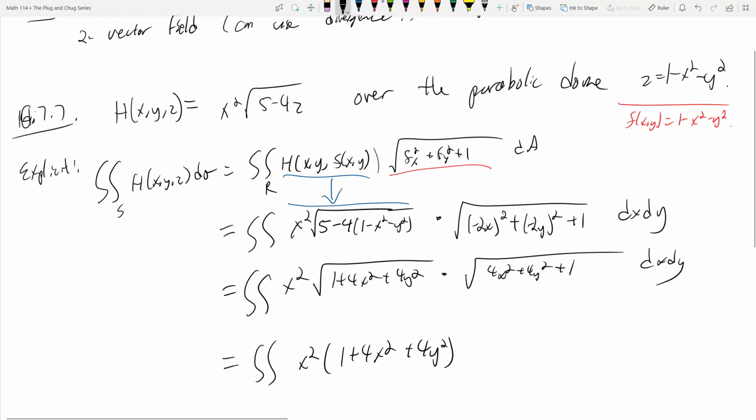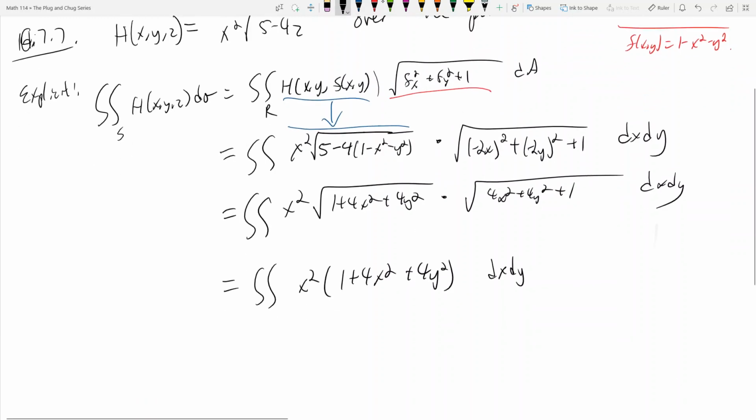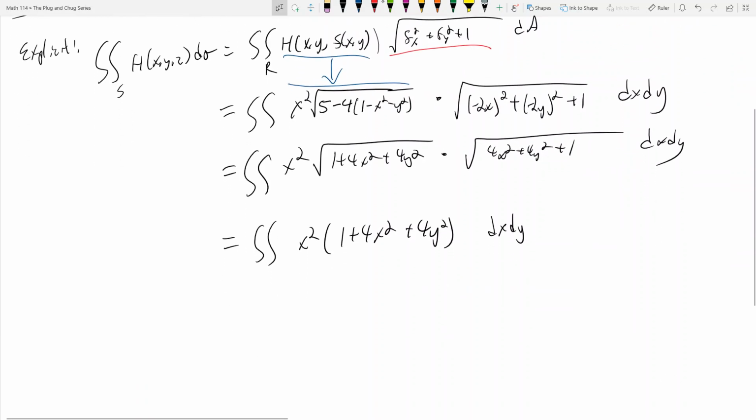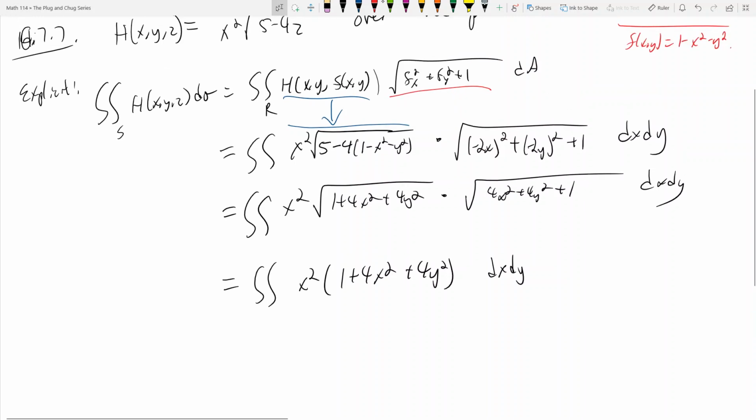The reason I just randomly assigned dx dy is because now we want to convert this into polar. You might ask, why am I converting d sigma into something polar? Well, we converted d sigma into dx dy first, because if you just look at this equation right here, there are only x's and y's in this integral, which means my dA has to be dx dy or dy dx.